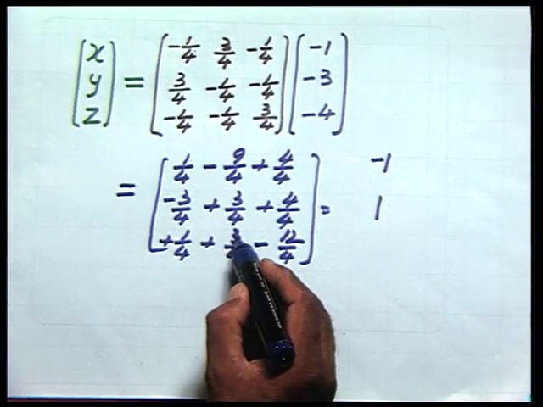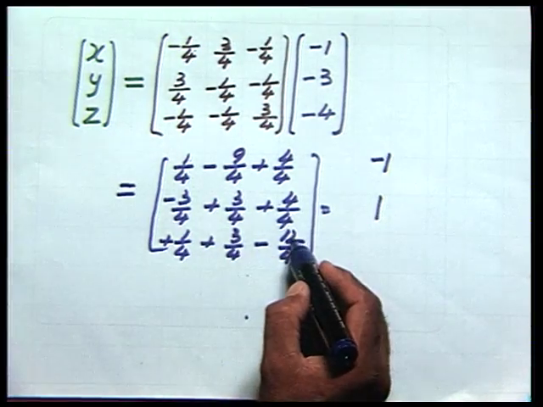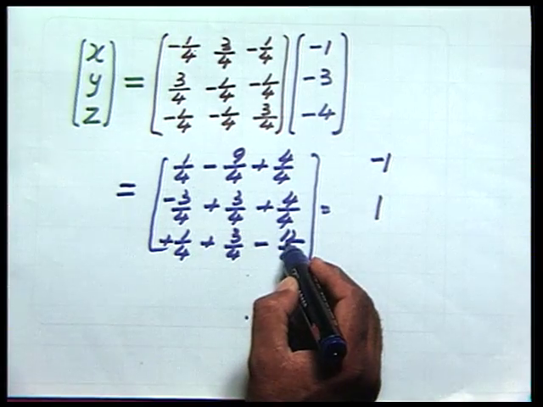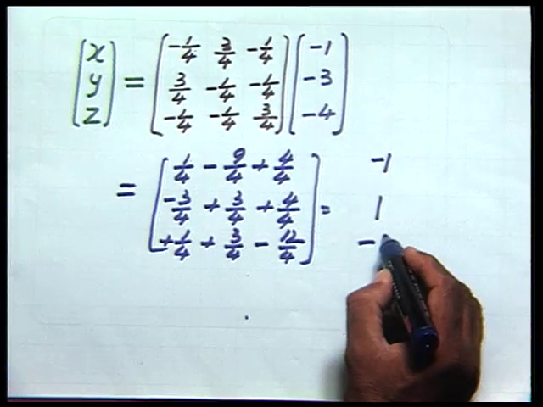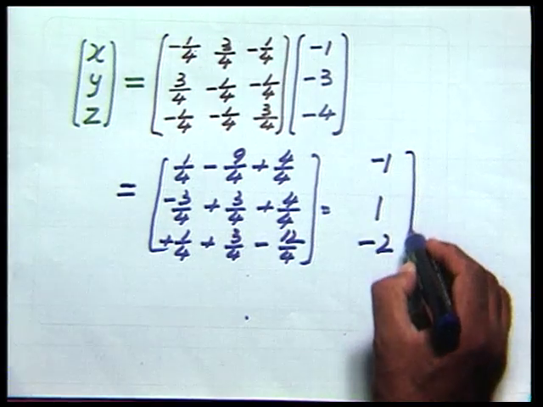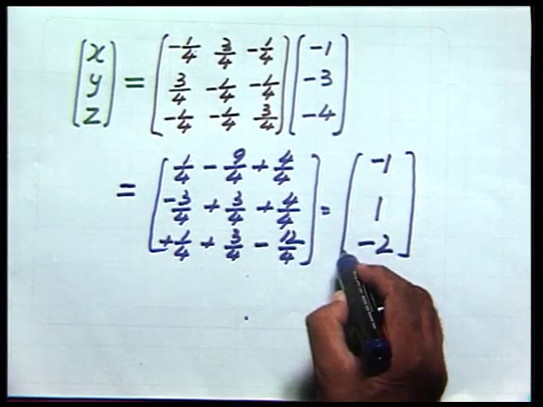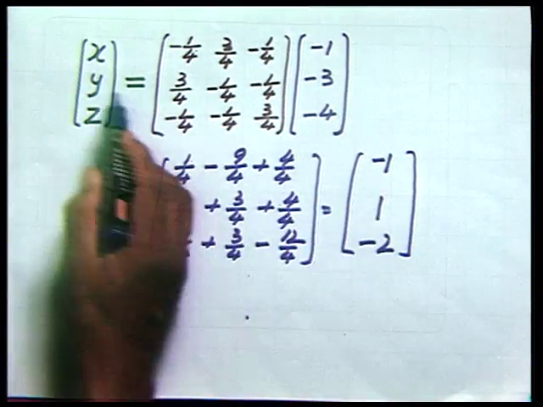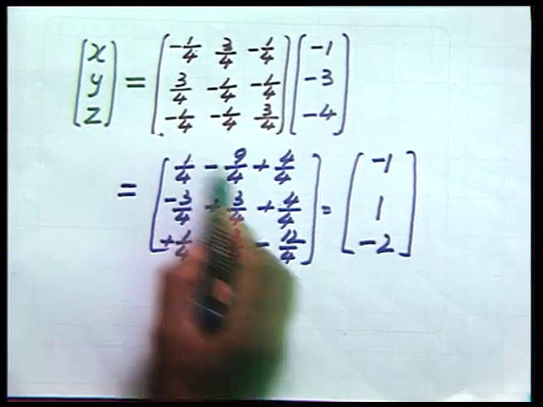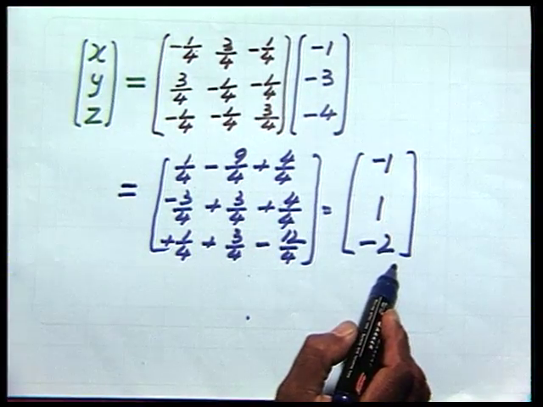See, 1, 3 is 4 and from 12 this gives us minus 8, minus 8 by 4. You can find out that x is minus 1, y is 1, z is minus 2.